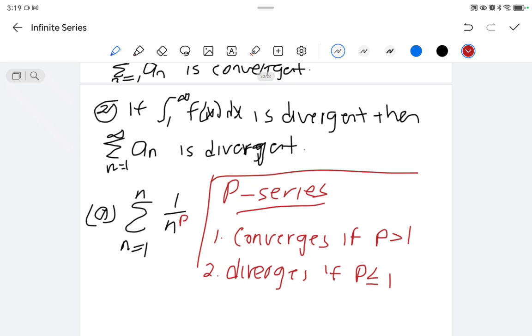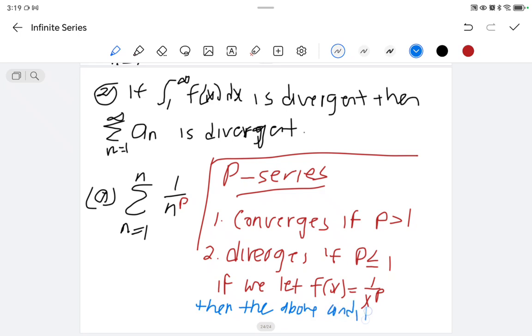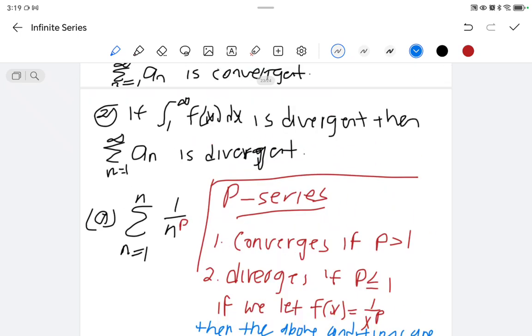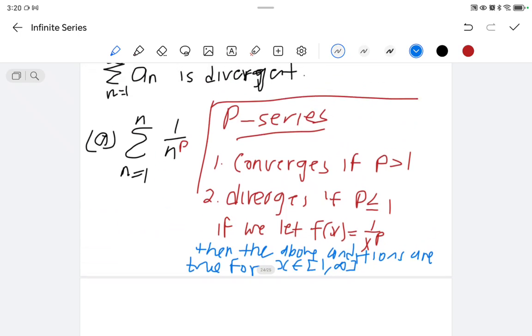Given that, if we let f of x equal 1 over x to the p, then the above conditions are true for the part where x is an element of 1 to infinity, because we replaced n by x.